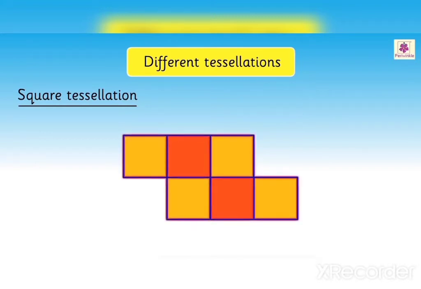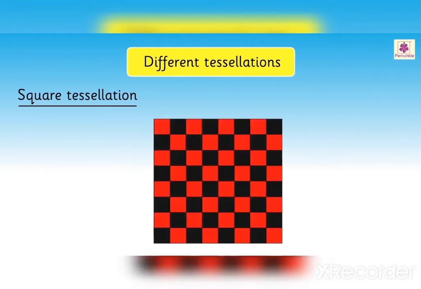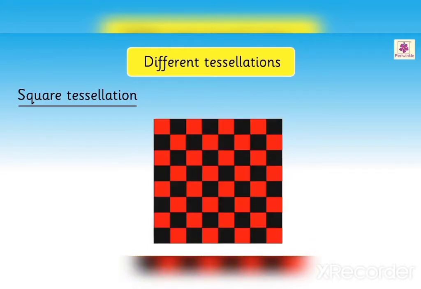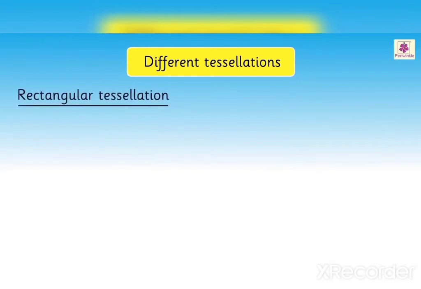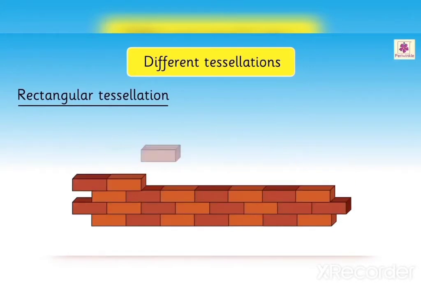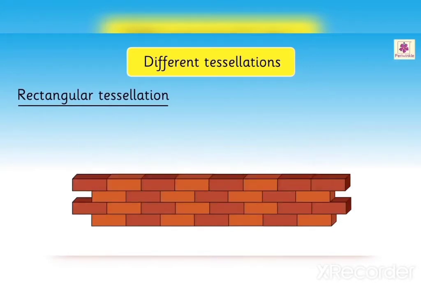The squares meet edge to edge with no gaps and no overlapping areas. Look at this checkerboard. It is made up of squares. Here, each square meets another one at the vertex. Rectangular tessellation. The pattern of bricks on a wall is a tessellation made of rectangles.